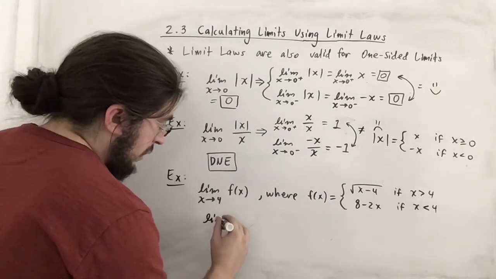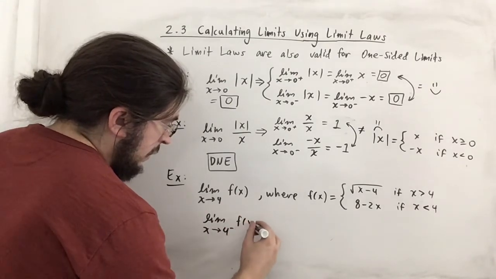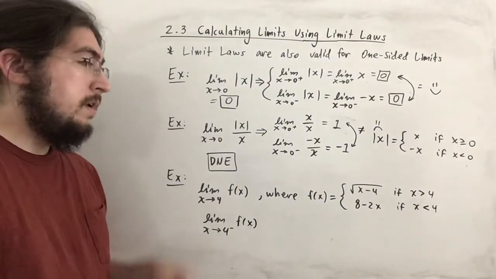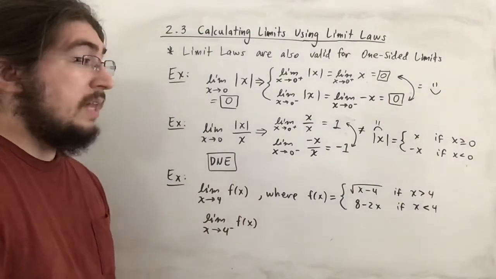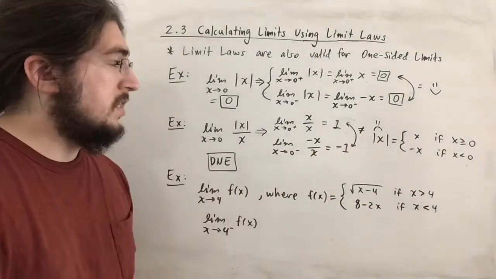So let's take a look at the left limit here of f of x. And the left limit means, again, we're approaching numbers that are less than 4. And notice this piecewise defined function isn't even valid at 4 because there's no equality like there was in this piecewise defined function.